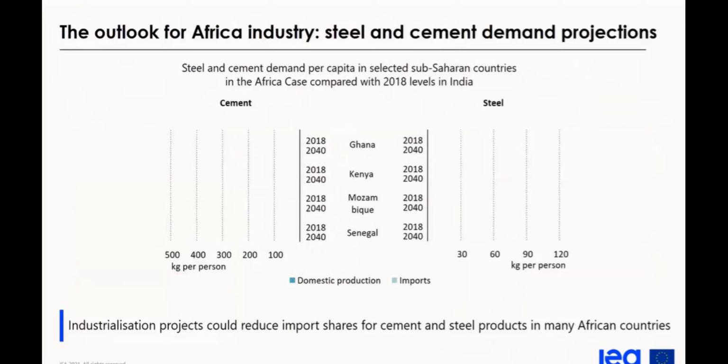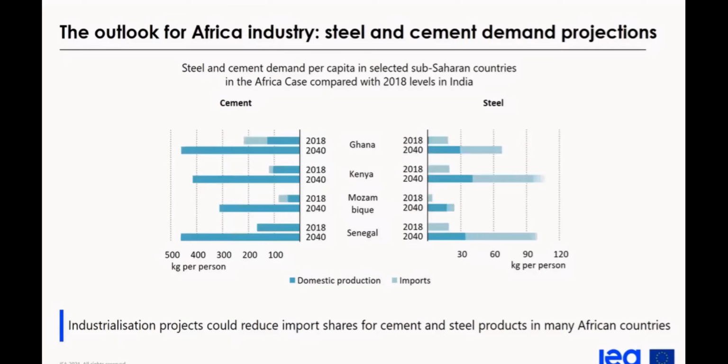This is an example of results that we can get in our analysis looking at Africa industry. Here you can see 4 countries with 2018 levels of demand on cement and on steel in 2018 and in 2040 according to our projections. And we have also compared these levels to those of India in 2018.